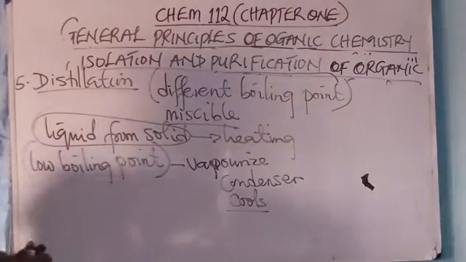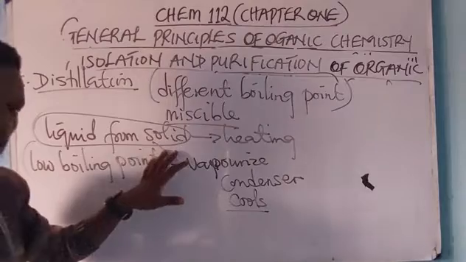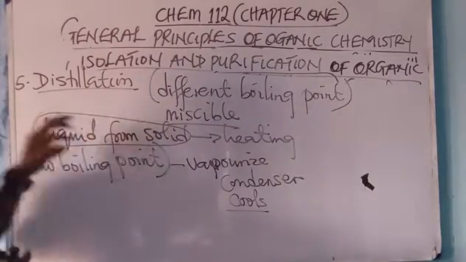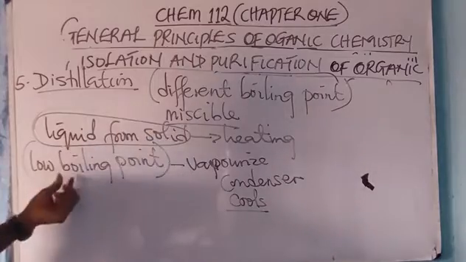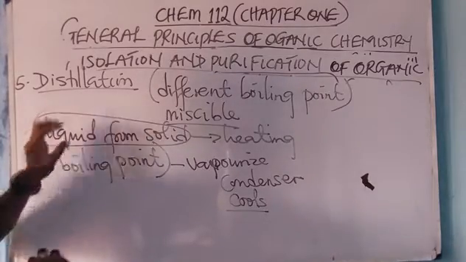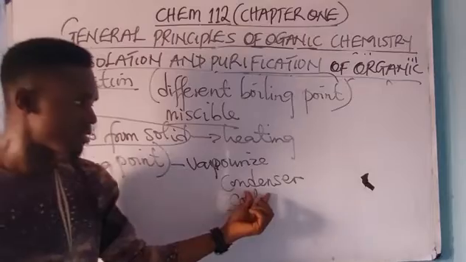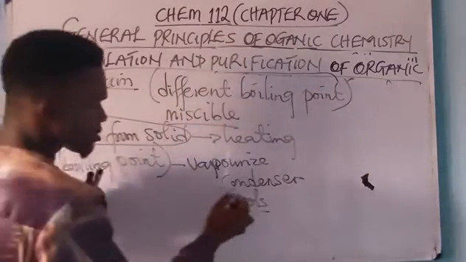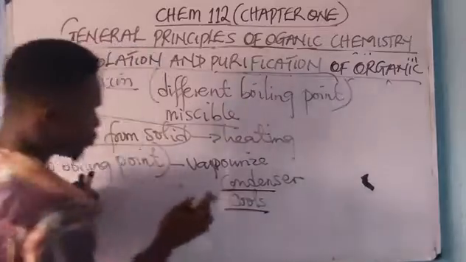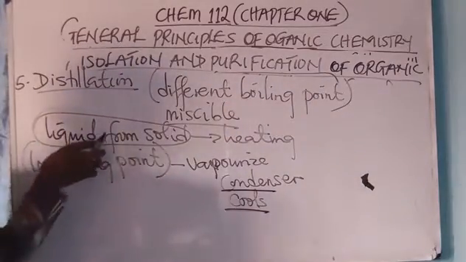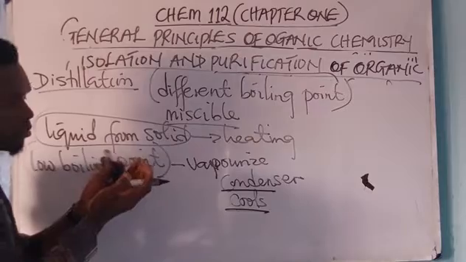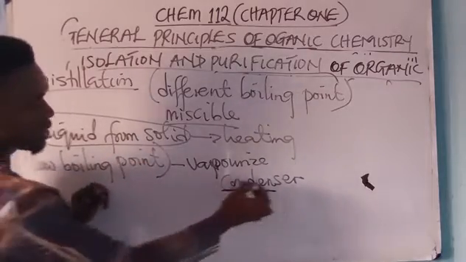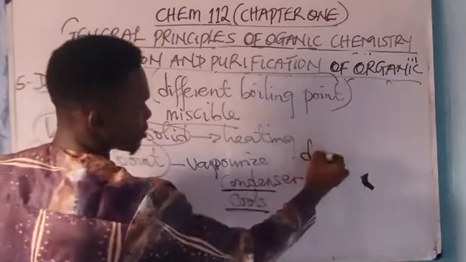Now I recapitulate. You have liquid and solid, and because of the low boiling point of the solvent, as you heat the mixture, the liquid vaporizes and is passed into a condenser, where it cools.